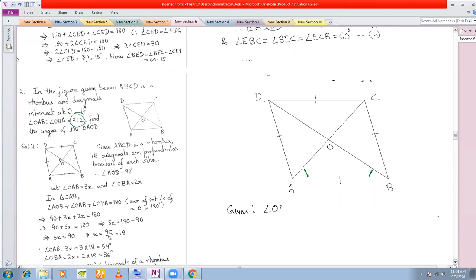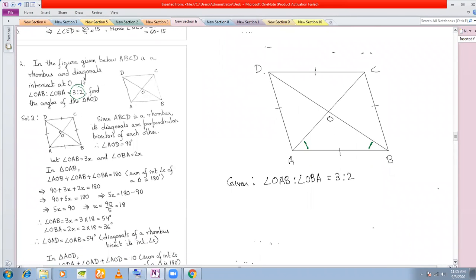Question is, find the angles of triangle AOD. You need to find all the angles of this triangle, these two green angles plus this angle O at the top.